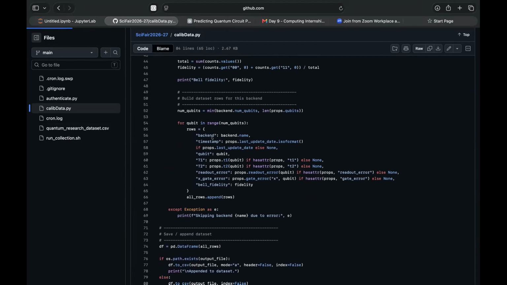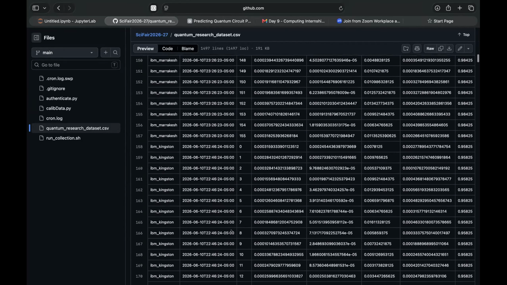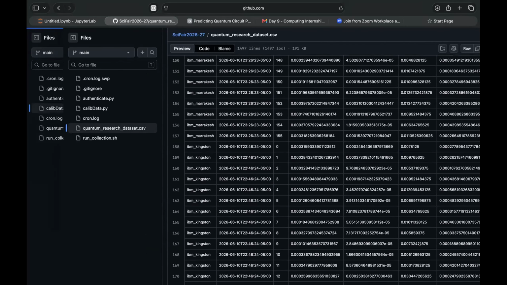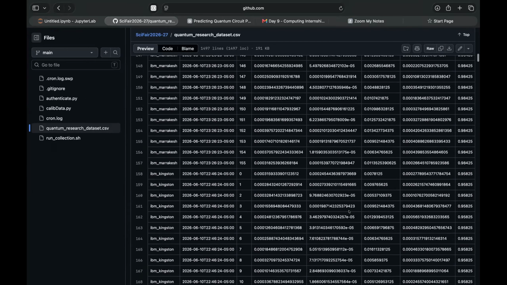This is the data set where it stores all of these different things, and you can see that the Bell fidelity changes depending on the metrics. I tested these for 156 different qubits for each one, and you can see how the Bell fidelity changes based on these metrics.